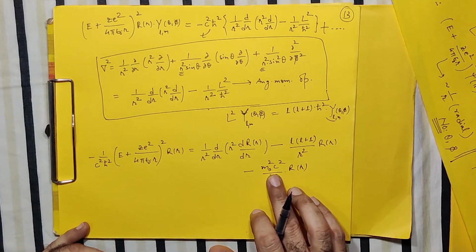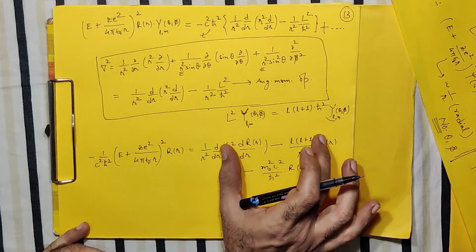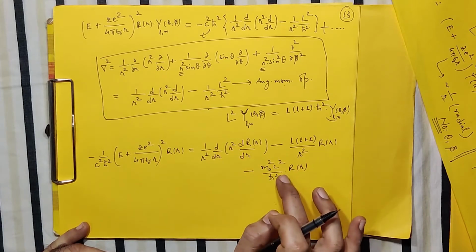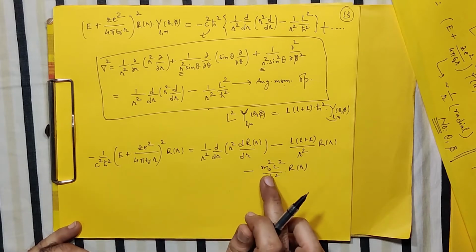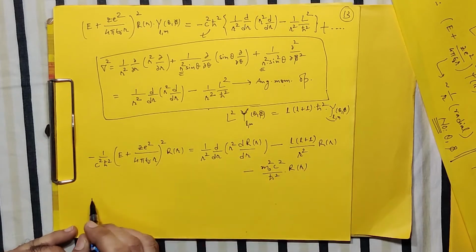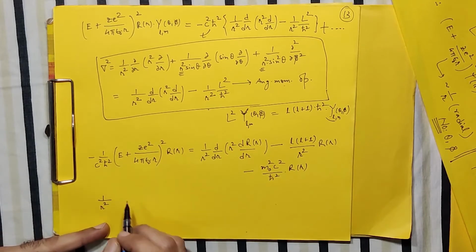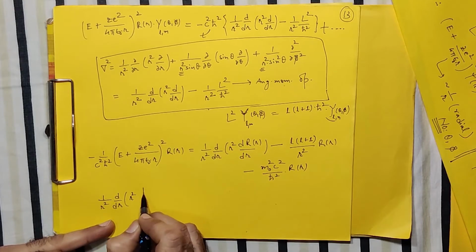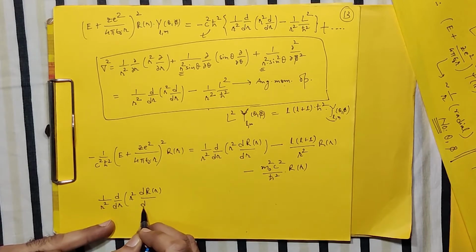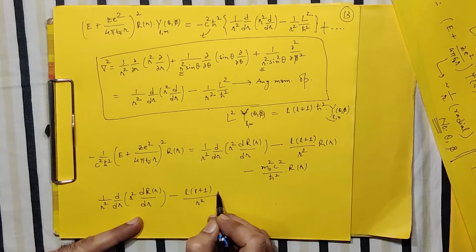And in order to write it in a specific or required form, I write this part on the left side, and this I'll take on the right hand side. It is just rearranging, there is no physics in it. So I just rewrite this to get the specific final form, correct? So I write, just by rearrangement of this term, L into L plus 1 upon r square R of r.